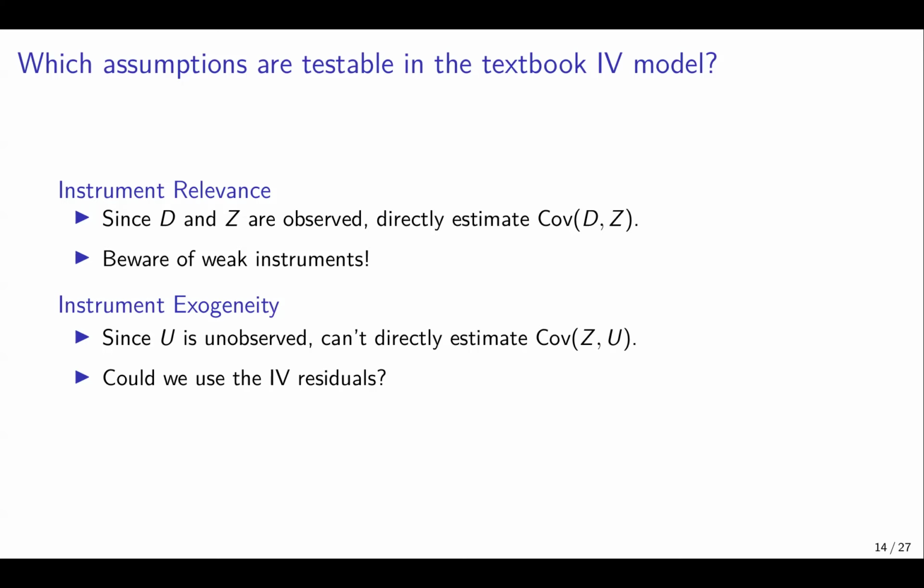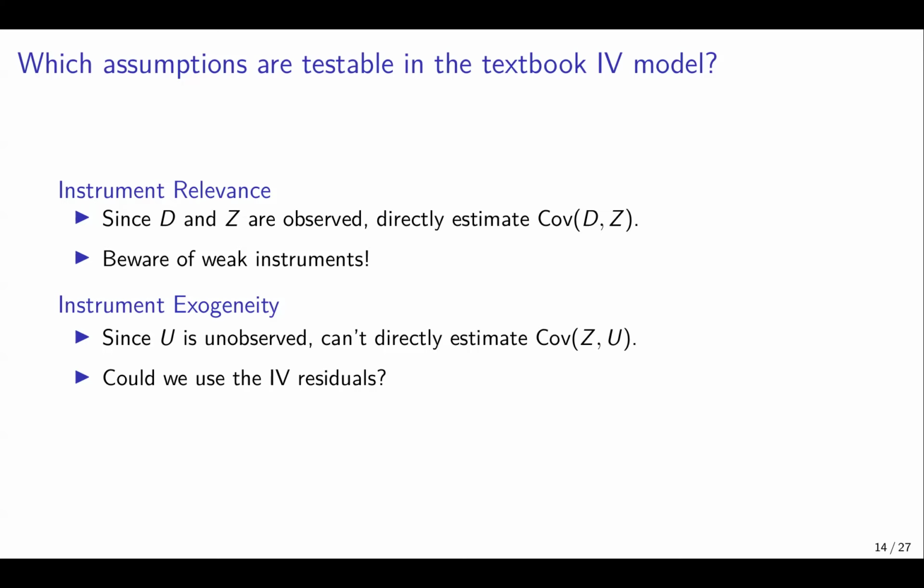If we're imposing a bunch of assumptions that we maybe didn't have in the textbook instrumental variables model, and we're imposing them because they give us something nice, something that we like, namely a meaningful causal effect, even in the presence of heterogeneous treatment effects, then we really ought to ask ourselves, do these assumptions make sense? Could we ever test them, or could we ever find any evidence that suggests that they're false?